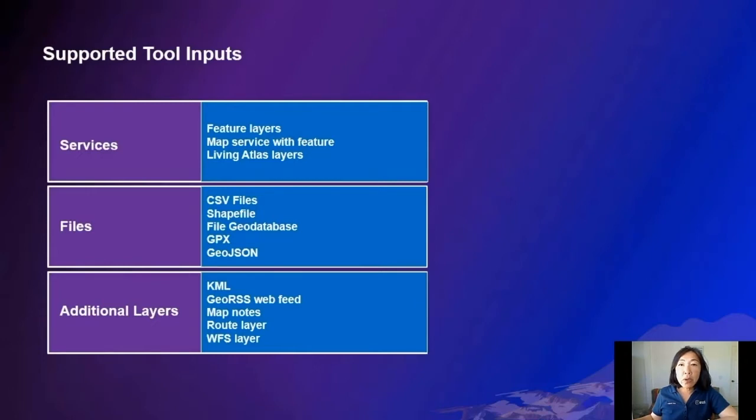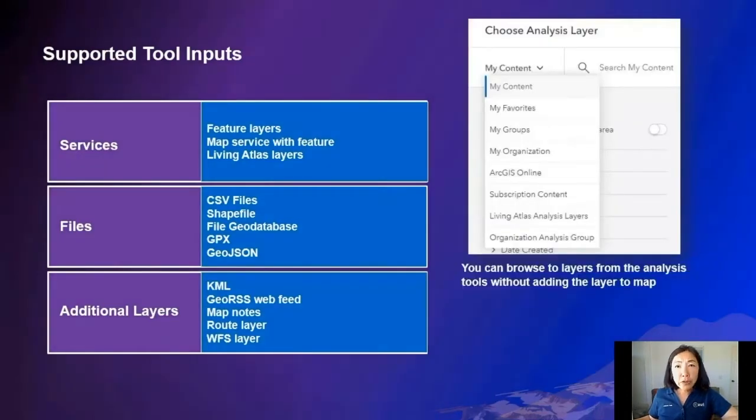In addition, we also support KML, GeoRSS feed, and many more. A side note here, you don't have to add the data to your map in order to use it as an input for analysis. You can use the Choose Analysis Layer option that is built in with each analysis tool to browse and select any layer you have access to.